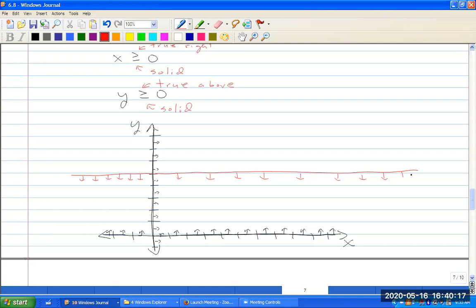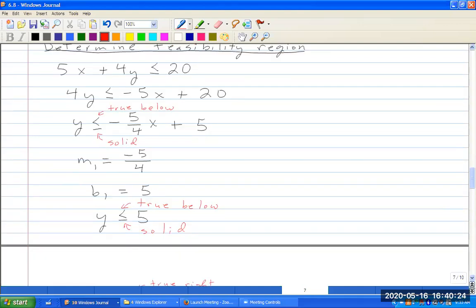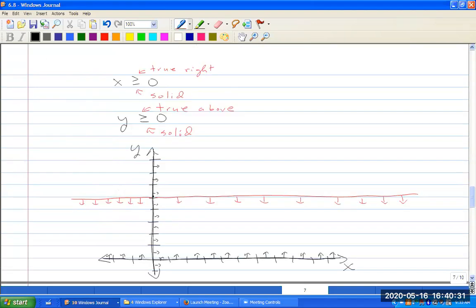Okay, and then the other one had a, now I forgot, a slope, so it went through 5 and had a slope of negative 5/4. So it went through 5, that's why I didn't care. So it should look like that's a 4. That's a 4 right there. Okay, let's see if I can do it. 4 and a 5. As good as I can do.